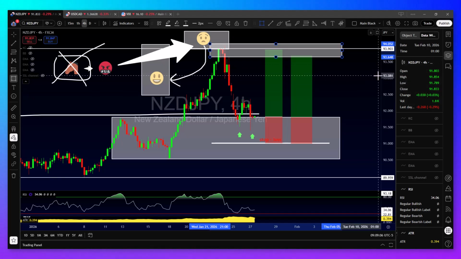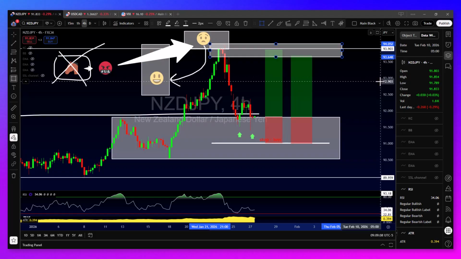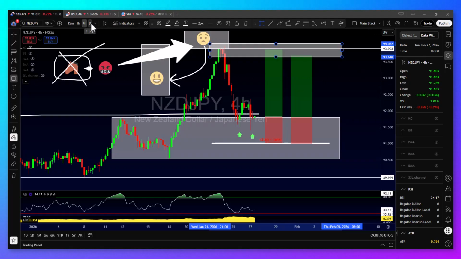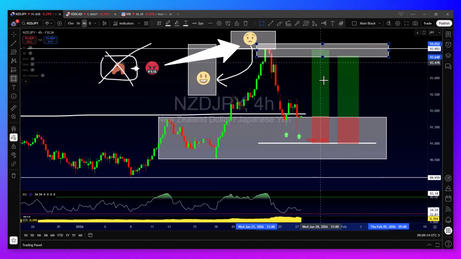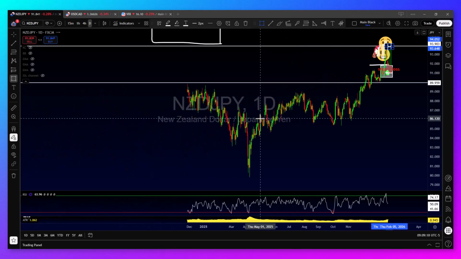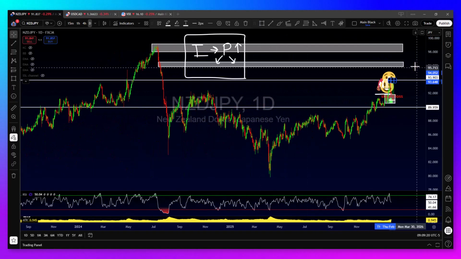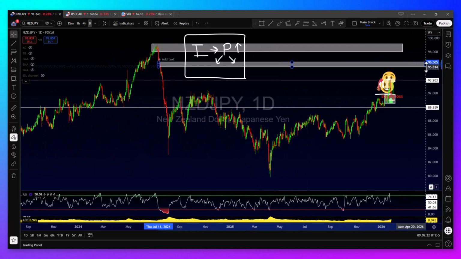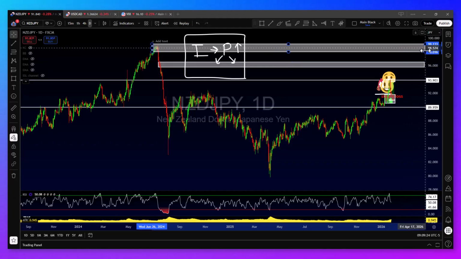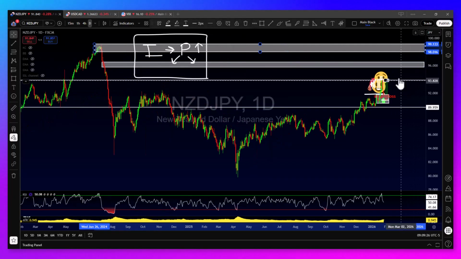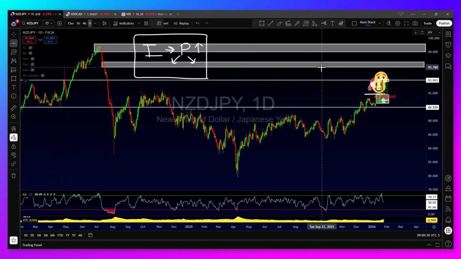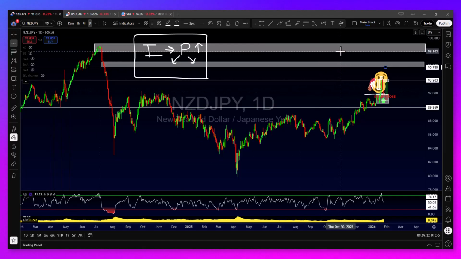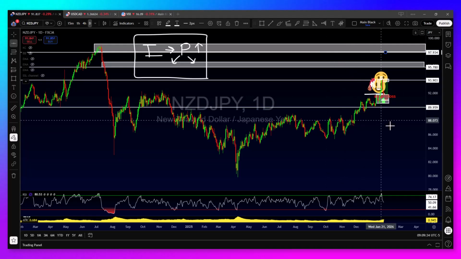Now, how about we talk about extended targets? Because we looked at our daily. This is good for target one, but this is a trend trade for you guys that are trend traders. We identified that the market can go all the way to 96 and 98. Two options. One, we got our targets already, 96 and 98, your big boy targets, your big girl targets.